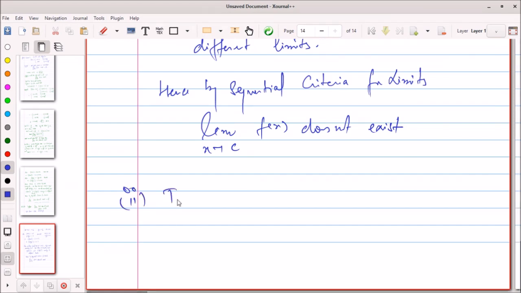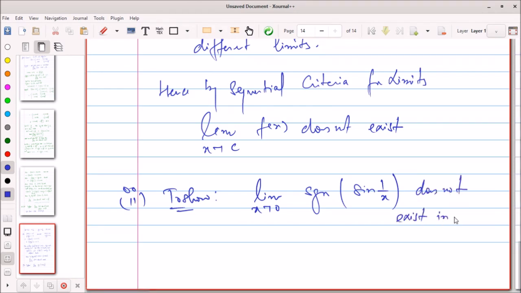We have to show limit x tends to 0 of sin 1 by x does not exist in R. So in this case we will take two sequences again.